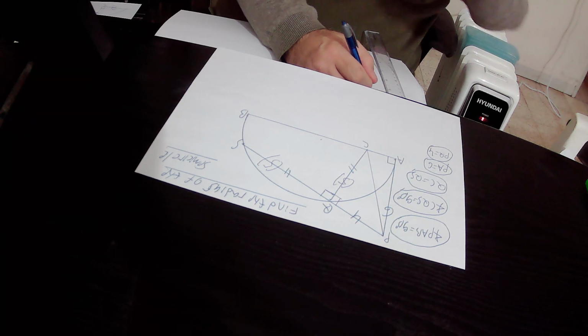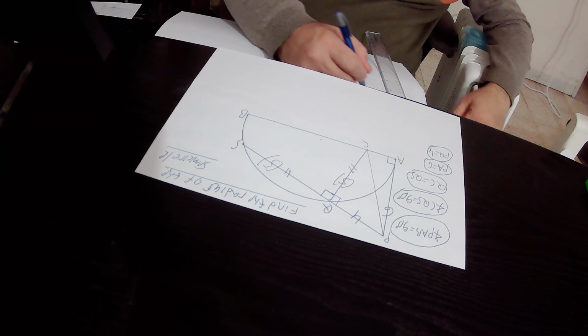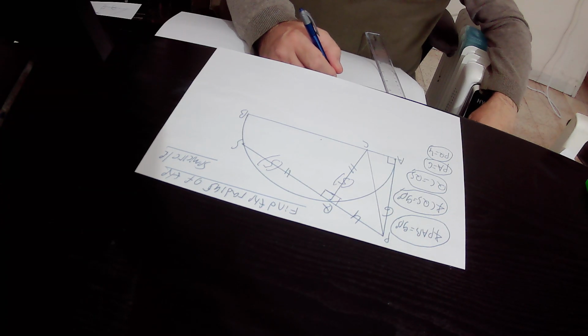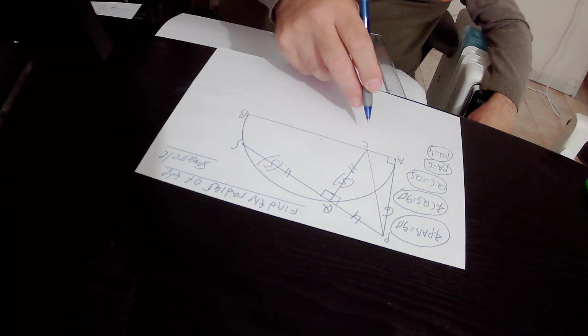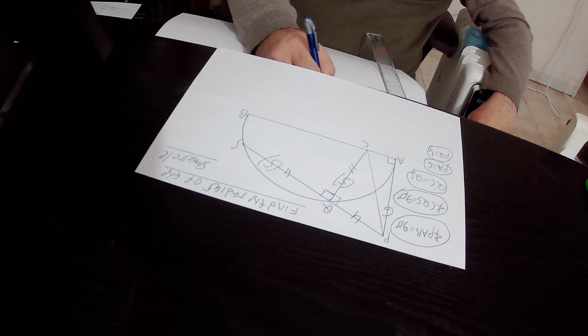Side PA equals 6 units according to what is given in the question, and we already found out that PC squared equals 41.